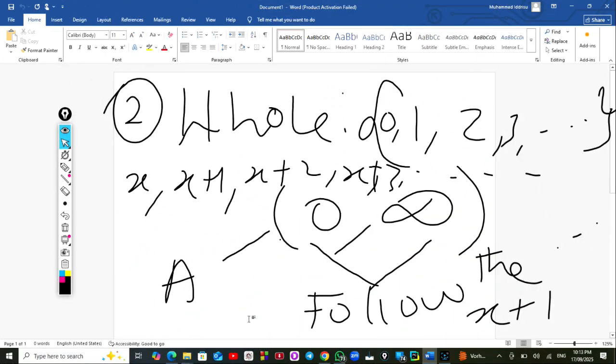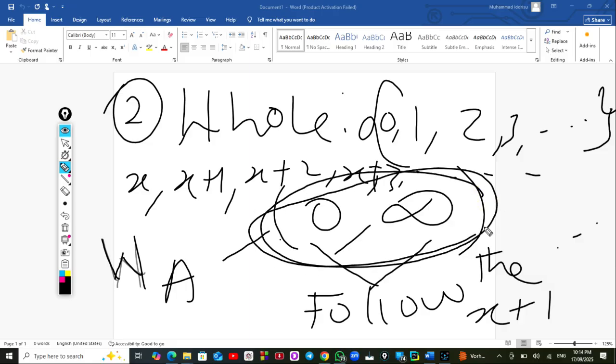If the set of whole numbers is represented as W, and A is the set we have here, then mathematically W is a subset of A, because everything in W can be found in A. Even though we can't list all the numbers between 0 and 1, we will definitely move to 1 and 2, 2 and 3, 3 and 4, up to infinity.